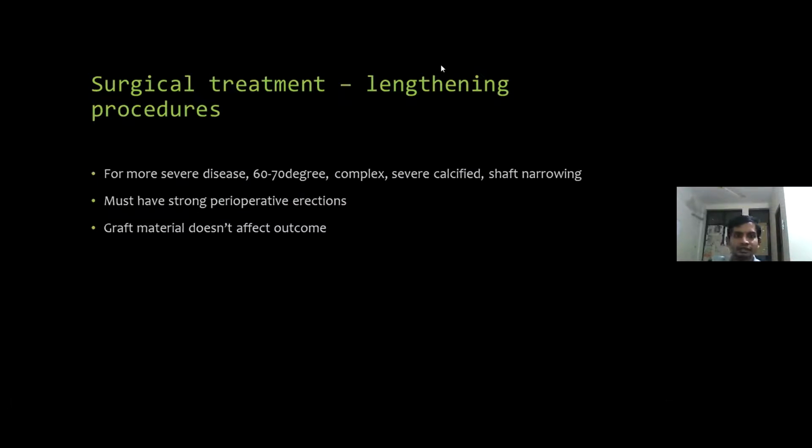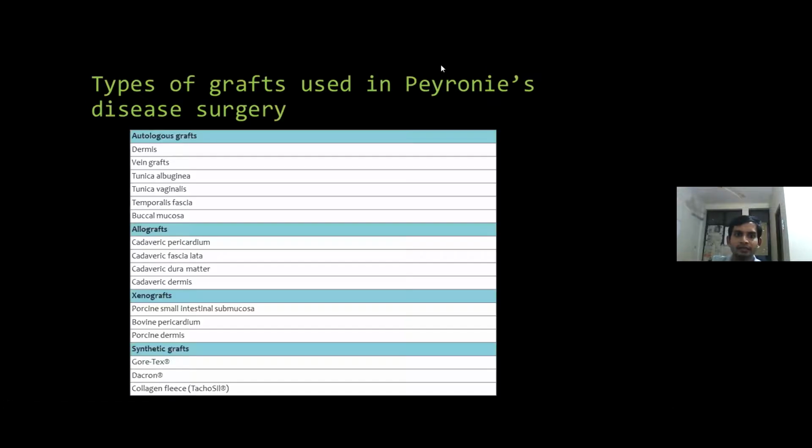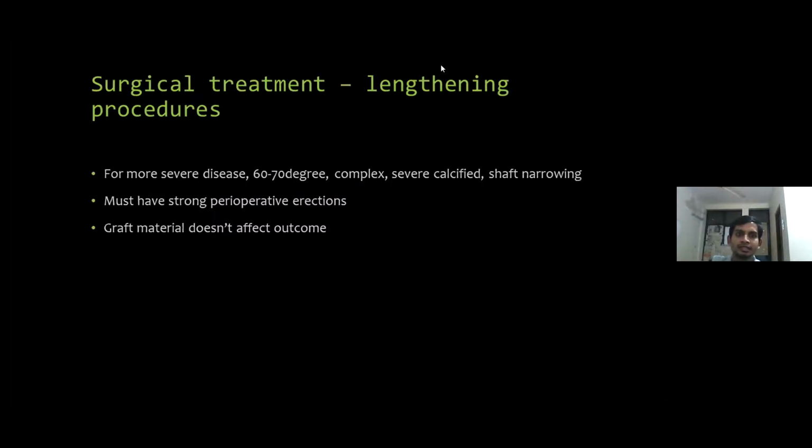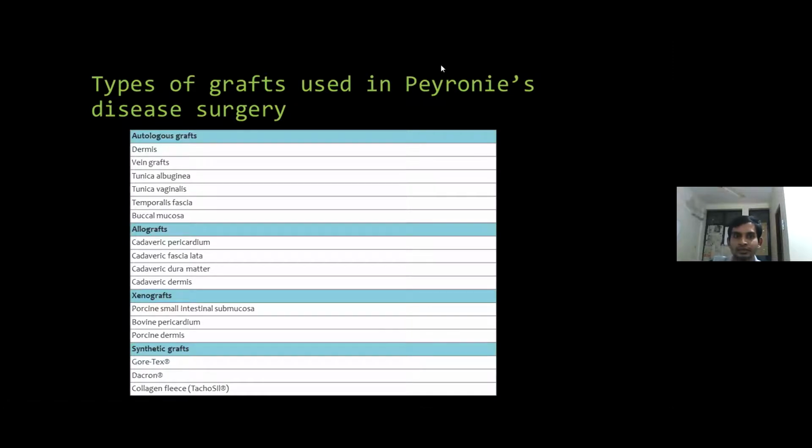The problem is that while removing this scar tissue, there's a chance of erectile dysfunction with venous leakage, so in people with erectile dysfunction it can further reduce their erectile function.